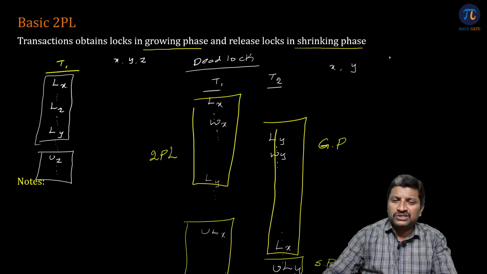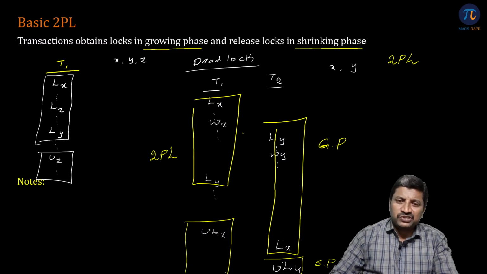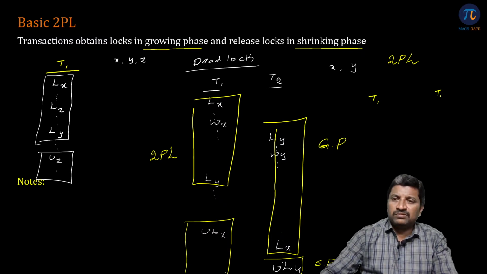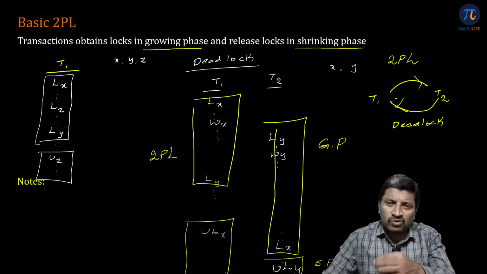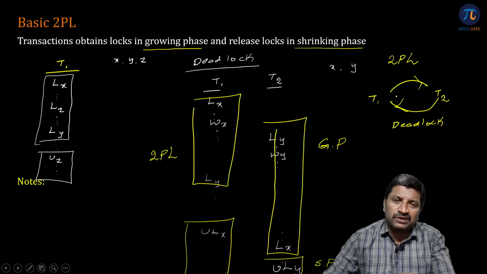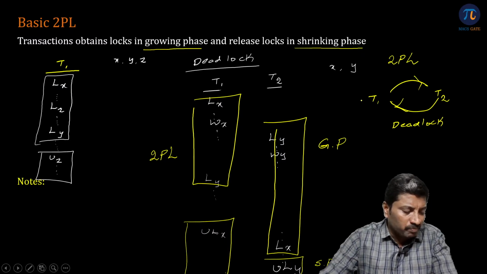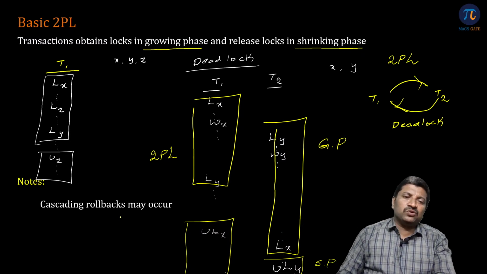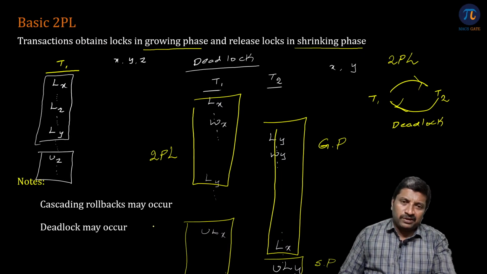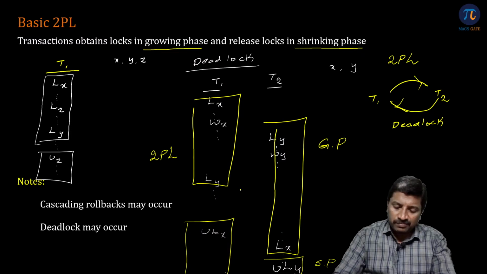So both follow two-phase locking protocol, but still T1 is waiting for Y and T2 is waiting for X. So T1 is waiting for T2, T2 is waiting for T1. So there is a chance of deadlock. Like this we can discuss an example for rollbacks also, but because of time constraint we are not discussing it, sir. So even if we follow basic two-phase locking protocol, there is a chance of deadlock as well as cascading rollbacks. This is one such example for deadlock.